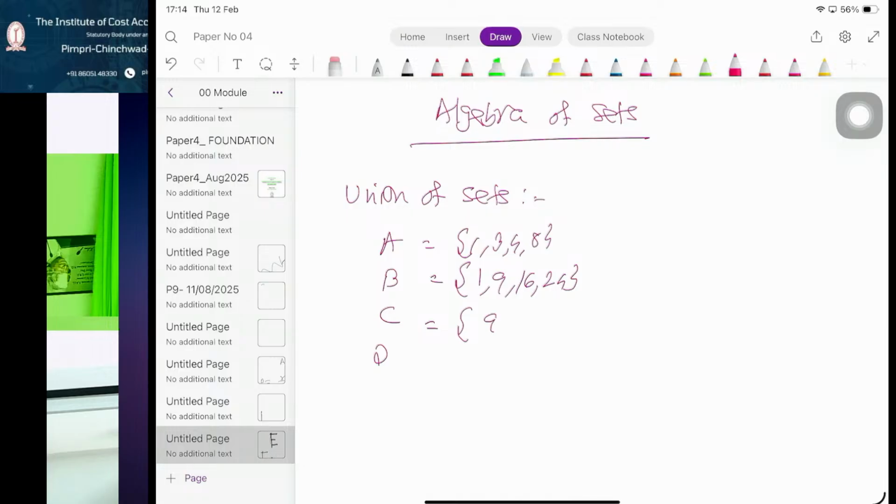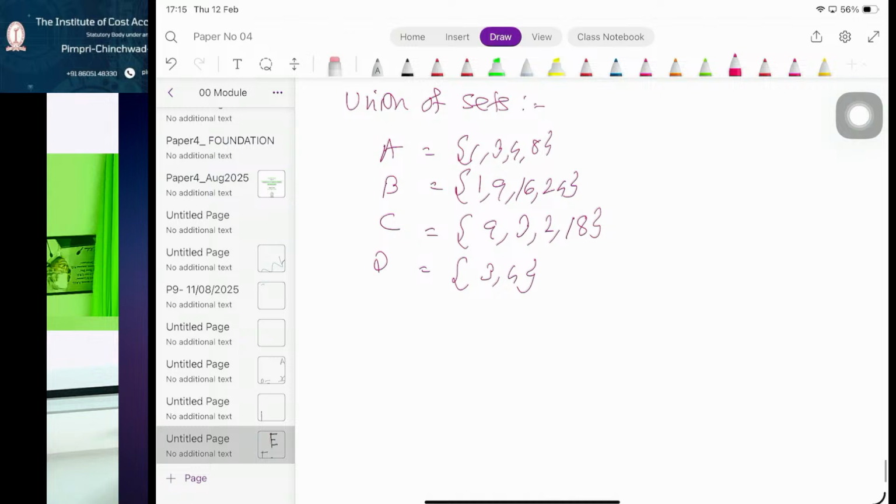C contains 9, 3, 2, 18. And D contains 3 and 4. So what will be the union of sets? Union of sets means set of all elements, and it is denoted like this: A union B union C union D.